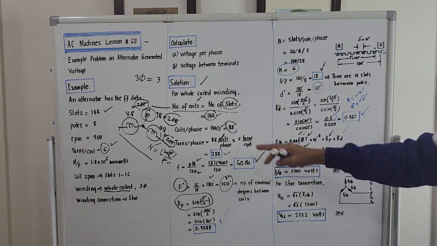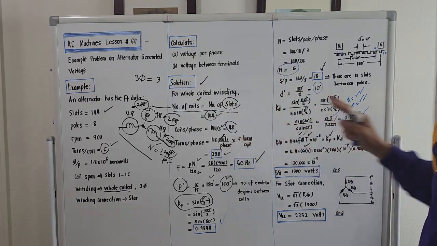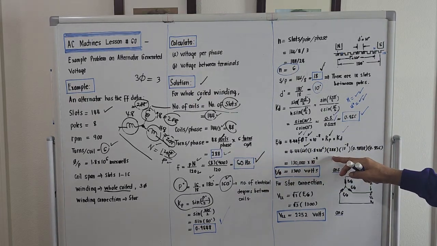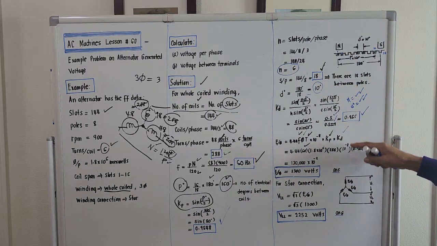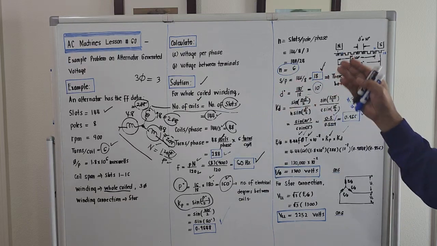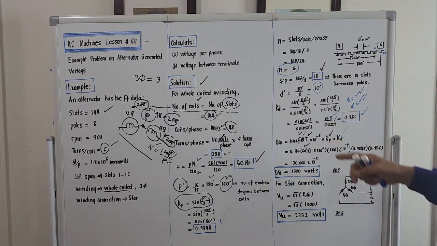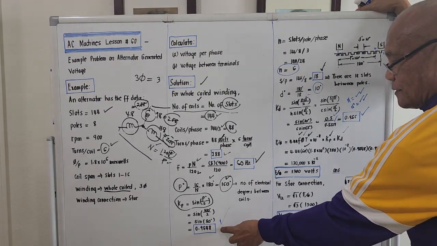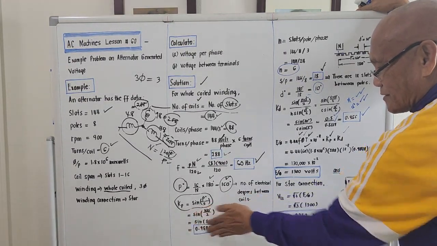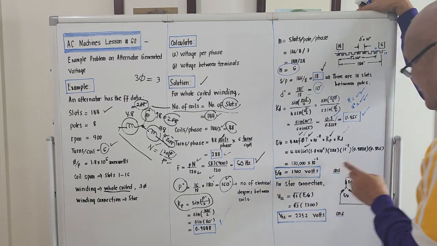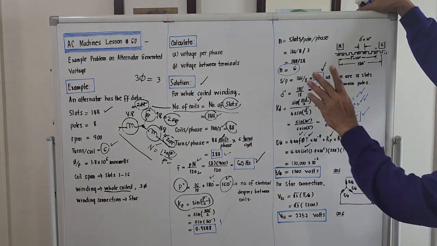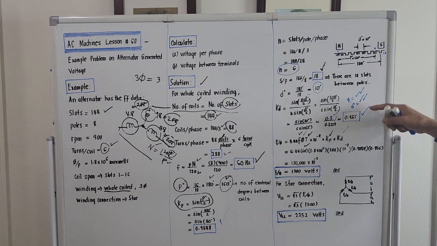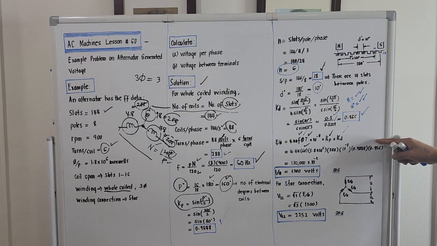The total number of turns is 288, where's 288? Right, this is 288 times the factor 10 to the minus 8, a conversion factor from the derived formula. The pitch factor is 0.9848. It's easy to go back, it's enclosed in a blue marker, 0.9848 times the distribution factor, again enclosed in a blue marker, 0.956.